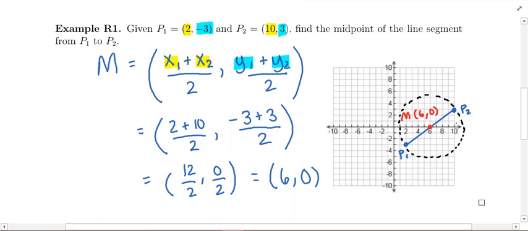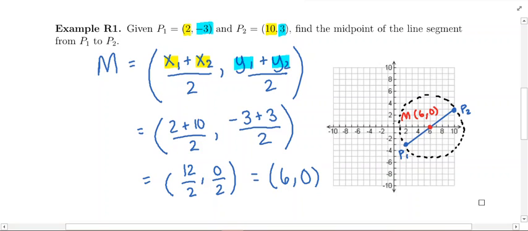Okay, so one of the big things we're going to be doing with circles is we're going to be writing down the equation of circles. And there's 2 things you're going to need to form the equation of a circle. You're going to need the center of the circle, which is the point right smack dab in the center of the circle, and you're also going to need the radius of the circle.